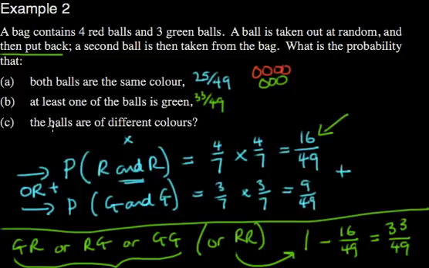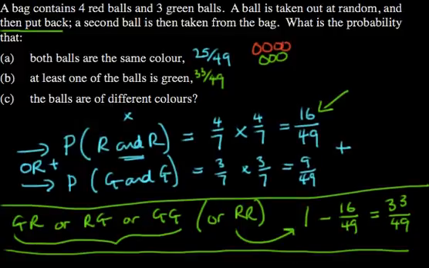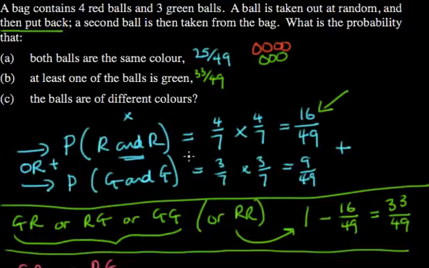The answer to part C, to say that the balls are different colours, that is to say, it could be a green and red, or red and green. Now, I haven't worked out what these probabilities are, but I have worked out what these two are, which is actually the 2 probabilities I'm not considering.